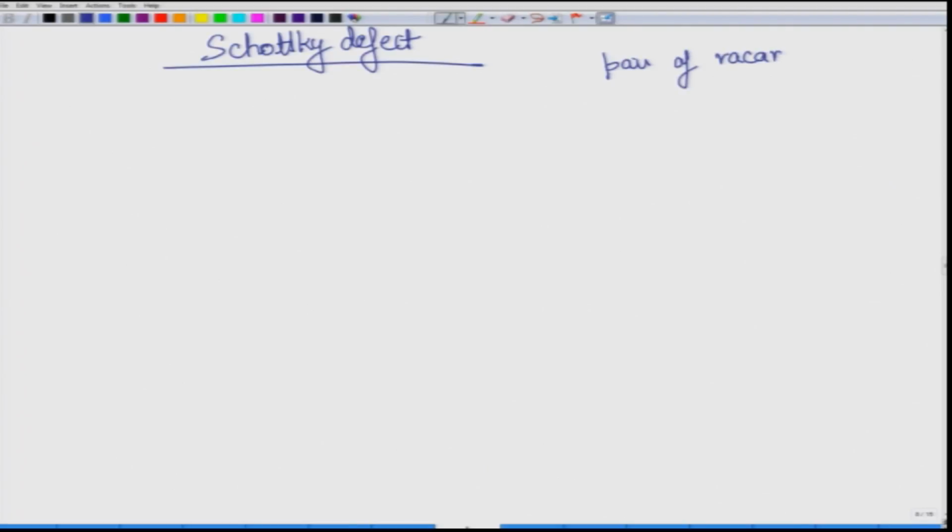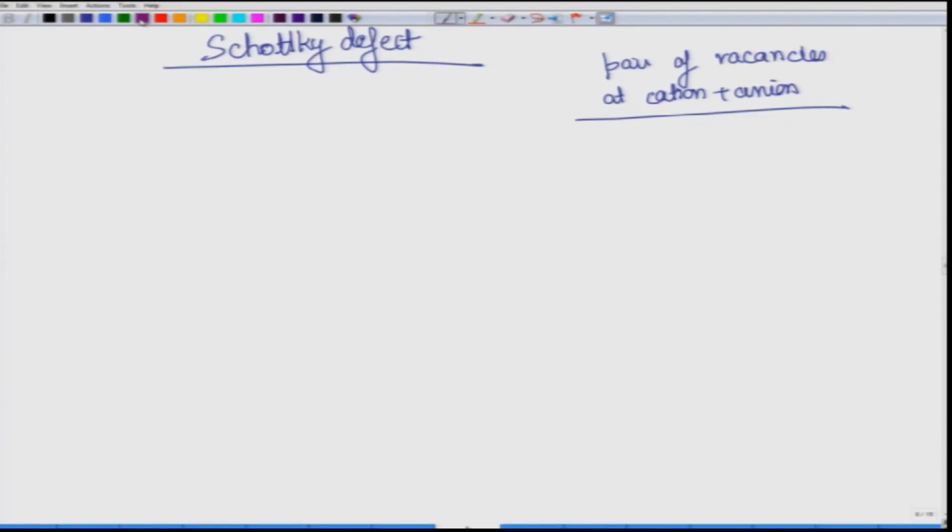Pair of vacancies not at just any place, but at cation and anion sites. So, there should be a missing pair of atoms, one atom missing from a cation site, another missing from an anion site.